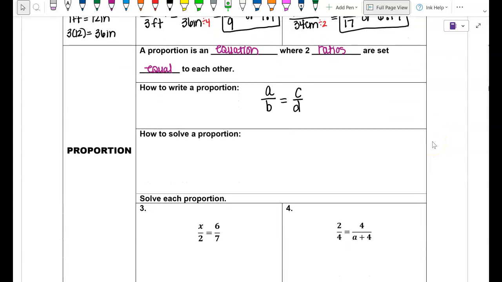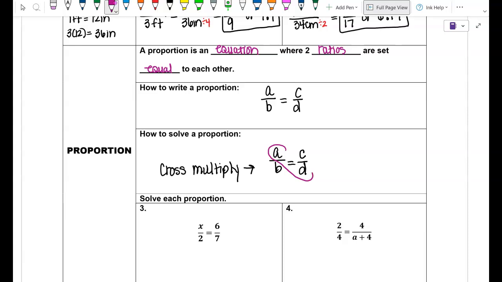Now the question comes, well, how do I solve a proportion? And we're going to use cross multiplication. So if I take that same proportion from above, A over B equals C over D, cross multiply means I'm going to look at my diagonals.